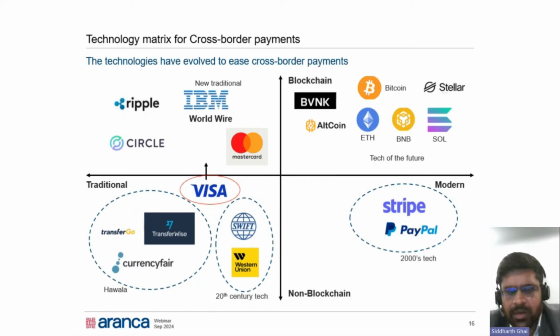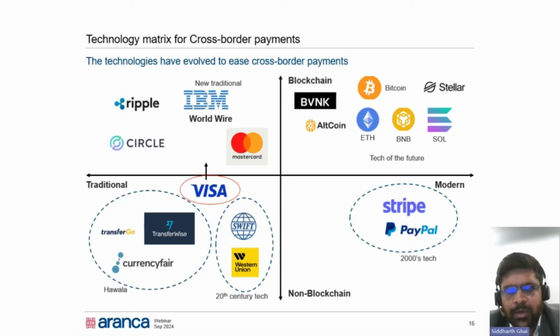As we discussed initially, Swift is one of the mechanisms to do the transaction, right? And those are the traditional non-blockchain methods. The modern way of doing the transaction is like credit cards, where the purchases are done by the user, and there is no lag in the real time customer experience.